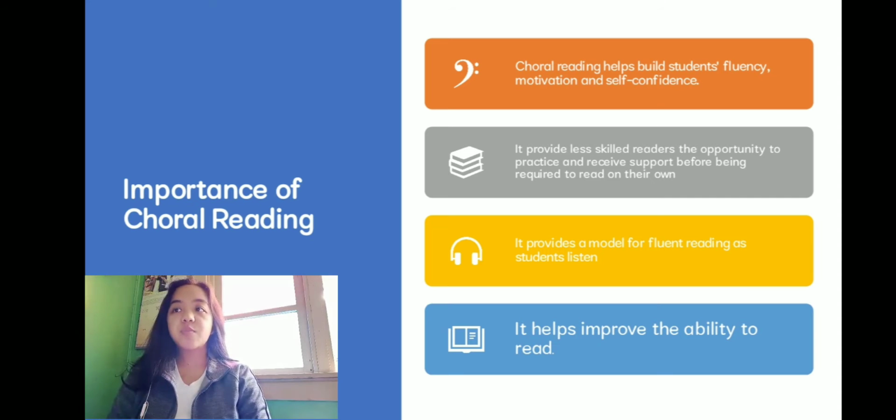Third, it also provides less skilled readers time and the opportunity to practice and receive support before being required to read on their own, which helps boost the students' level of self-confidence and motivation.